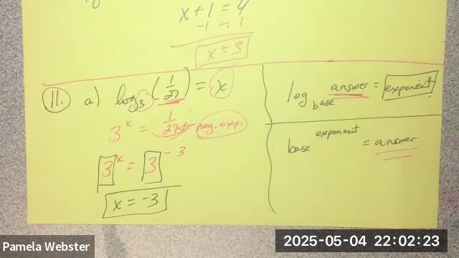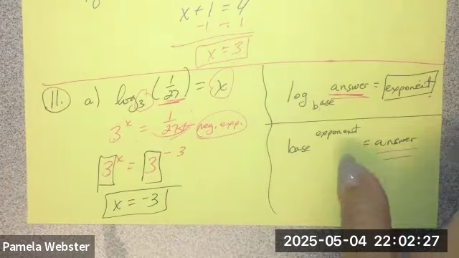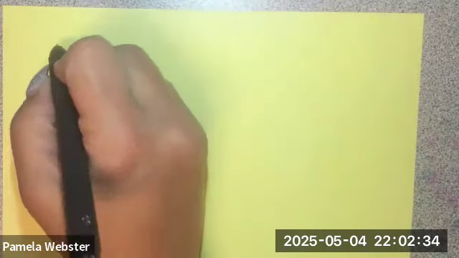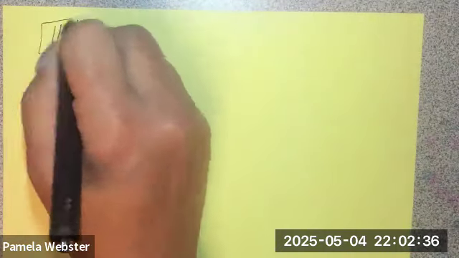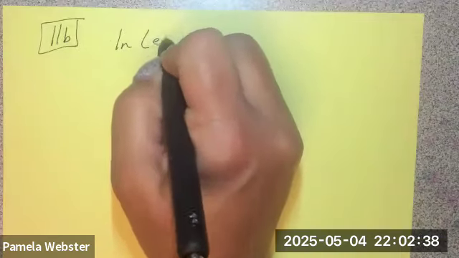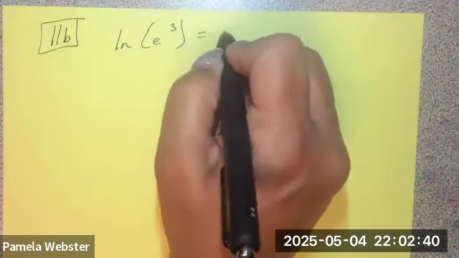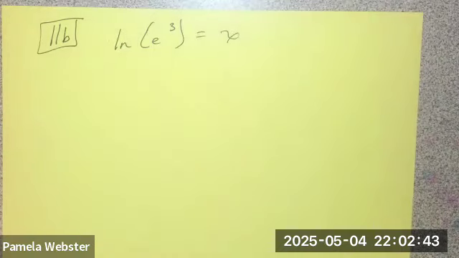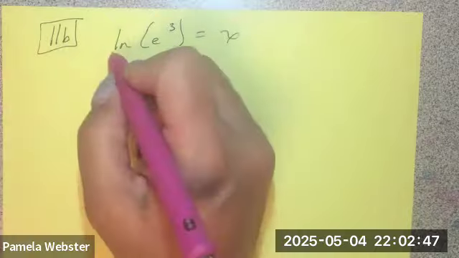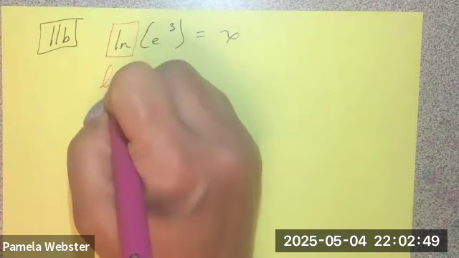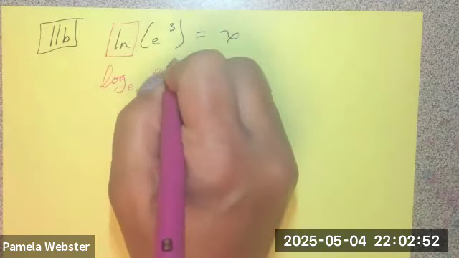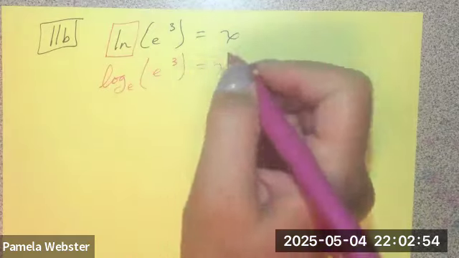All right, so that's not too bad. We can do those kinds of things. Just to jog your memory, recall that if you see something that's an ln, ln of e to the third equals x, then what base is that? Whenever I write ln, that's natural logarithm, the same as writing log base e of e to the third equals x.